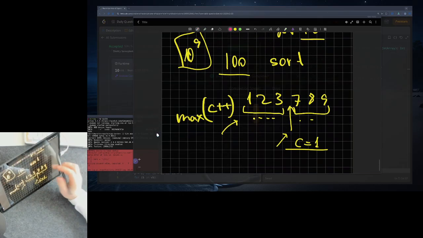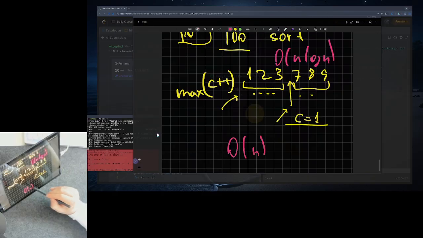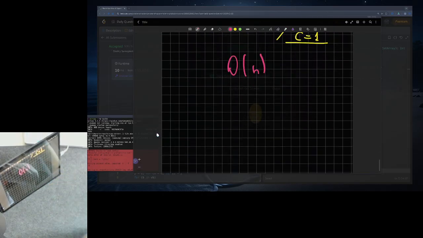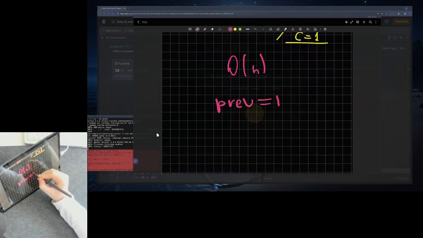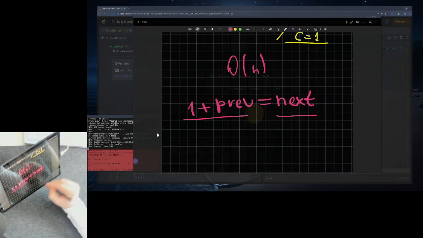However, this solution is O(n log n) because you have to sort. However, there is an O(n) solution, and it is because we have the rule that the next value should be exactly the previous value plus 1.